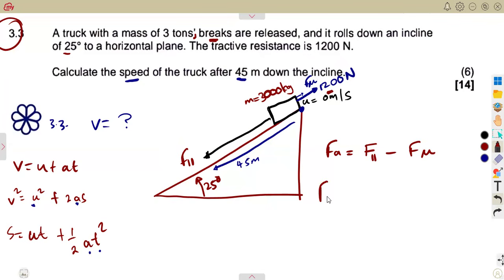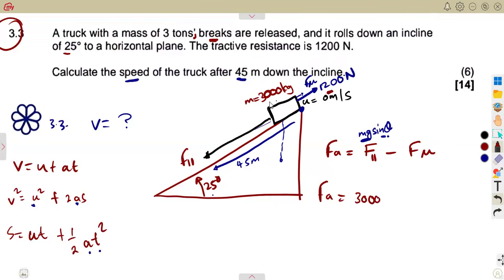So in this case, we're going to have the parallel component. Remember, from this, we have the perpendicular and also parallel components. The parallel component is the mass times the gravitational acceleration times the sine of the angle, which is mg sine of theta, the weight times the sine of theta, where the weight is mg.